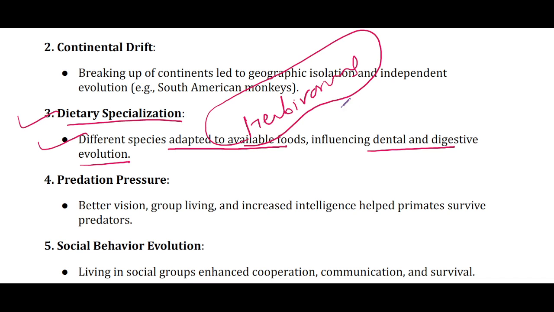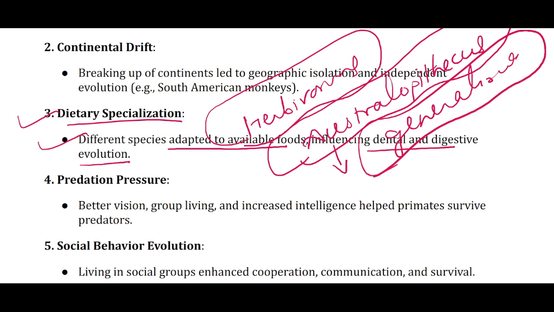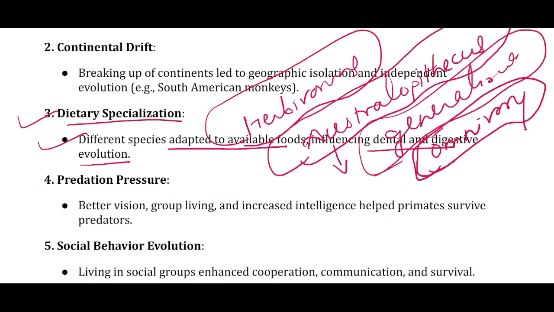But the major breakthrough came along with the evolution of Australopithecus, and this species did shift from dietary specialization to dietary generalization. And this generalization, which means omnivory, provided much needed space for survival nutrition during tough times.